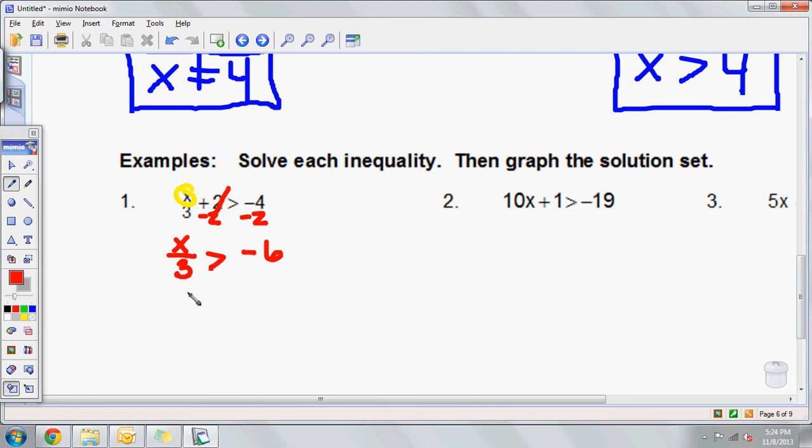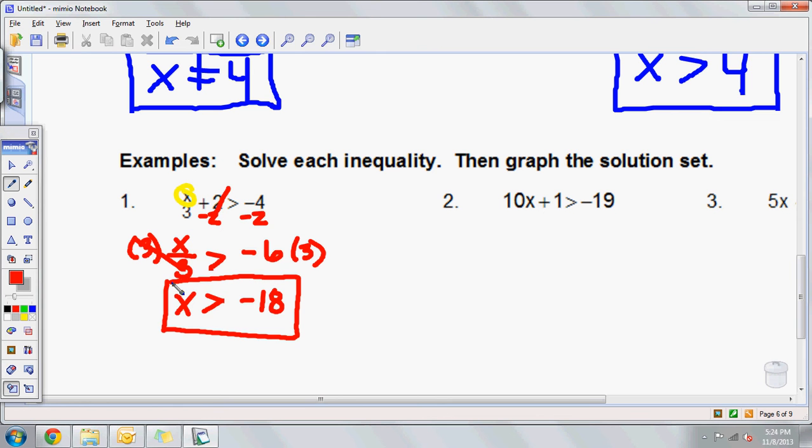Remember, this is division, so the opposite of dividing is going to be to multiply that 3 on both sides. So we get x is greater than negative 18. Hopefully you're seeing it's not too bad because we know how to solve equations. We just got to remember not to put that equal sign there.